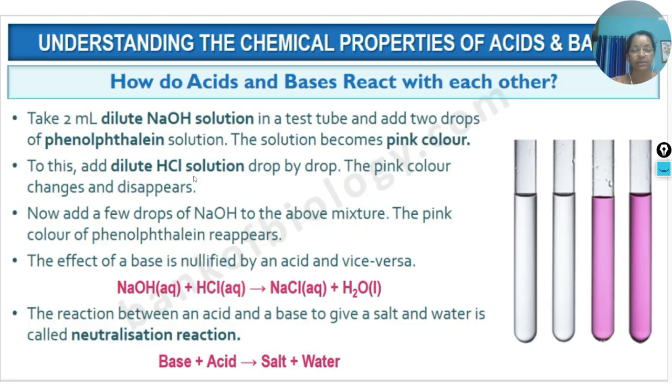Then keep on adding HCl and we can see that the pink color disappears slowly and finally completely disappears. And if you add NaOH again, the color reappears. That neutralization can be observed in a clear way with the help of phenolphthalein solution.